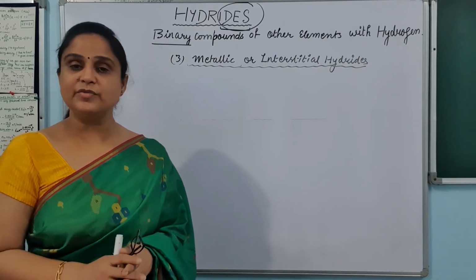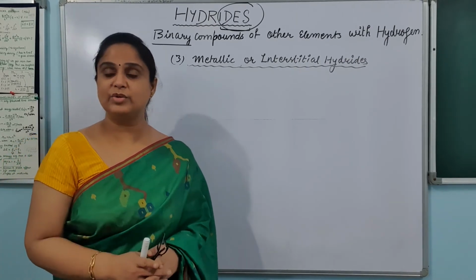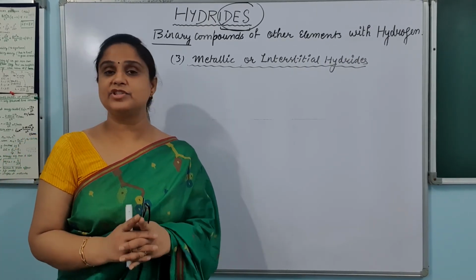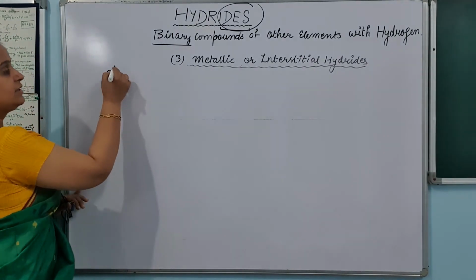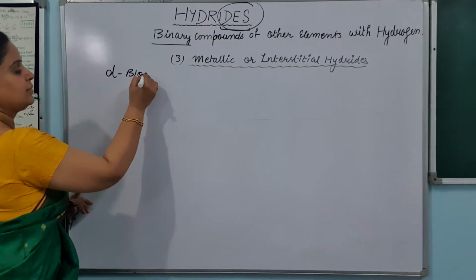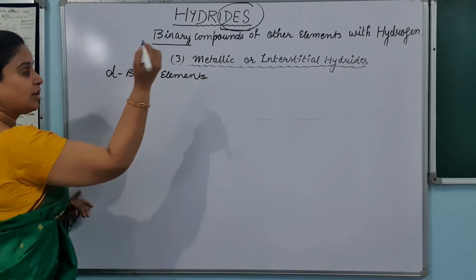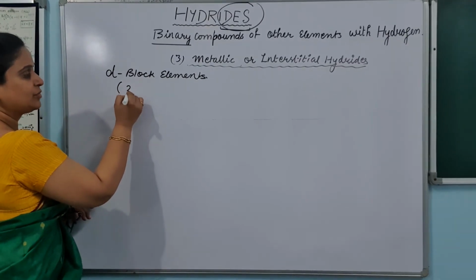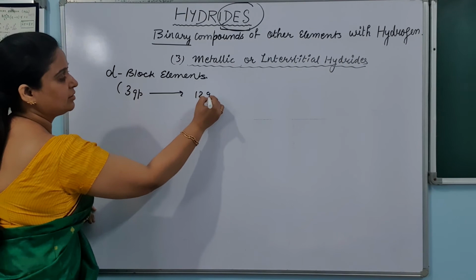Okay? First of all, let's talk about which metals make these hydrides. So do remember, D block elements, which are typical metals, form these hydrides. So I am writing down here D block elements. Okay, not to forget D block elements. We know that D block is starting from 3rd group to 12th group.